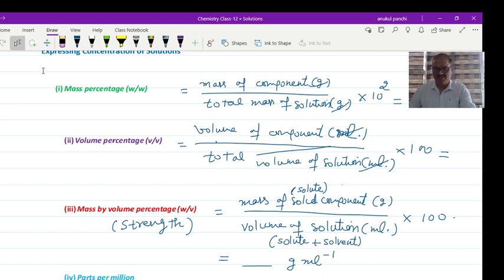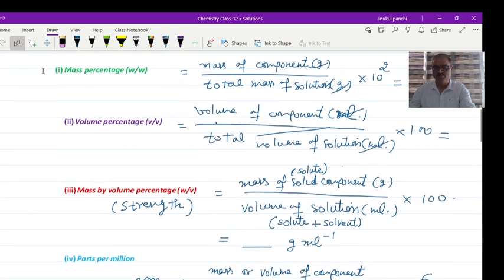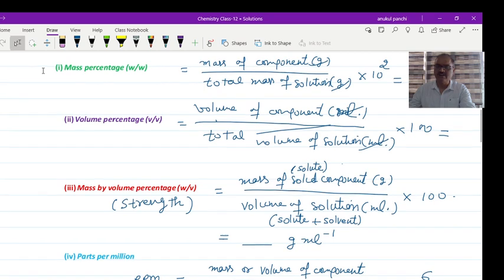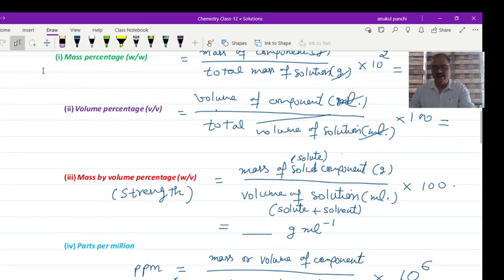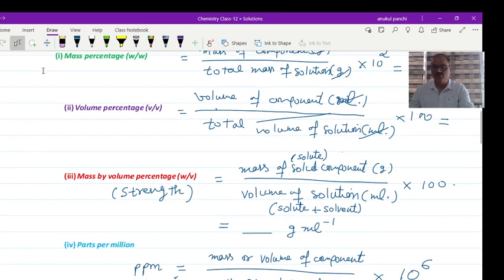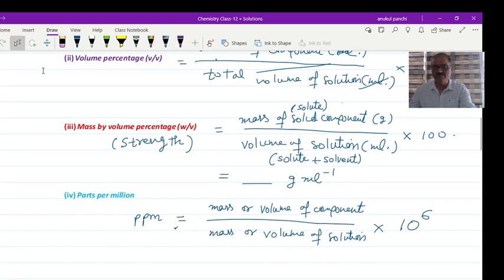Similarly in volume percentage, similarly in mass and volume, which is also called strength. And why are these different methods used? Because solutions have different states of their components. When all the components are solids, then mass percentage; liquid, then volume percentage. If one component is solid, other is liquid, then strength, that is mass volume percentage. And when the solution is big, then we replace cent by million, that becomes ppm.